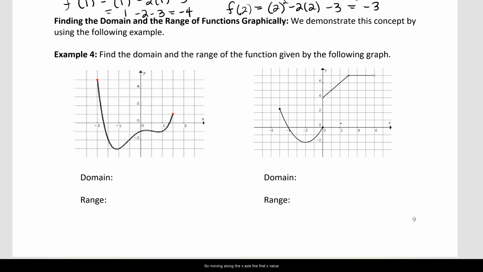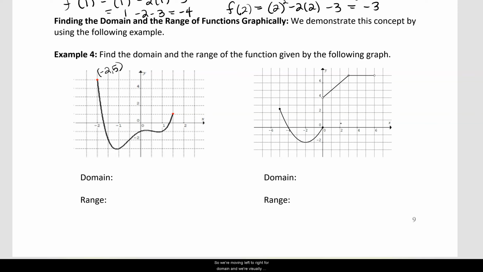So moving along the x-axis, the first x value that we encounter is right here at -2, that when we extend it up, we intersect our graph at this red point, which, looking at our scale, is the value of 1, 2, 3, 4, 5. So our graph starts at -2, 5.